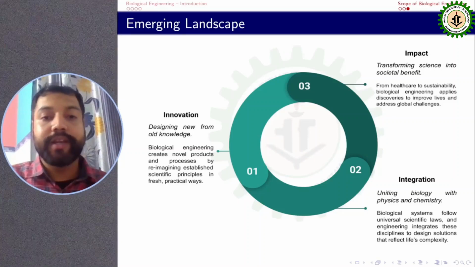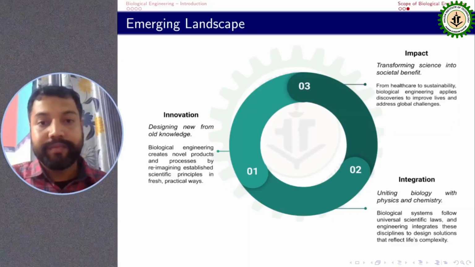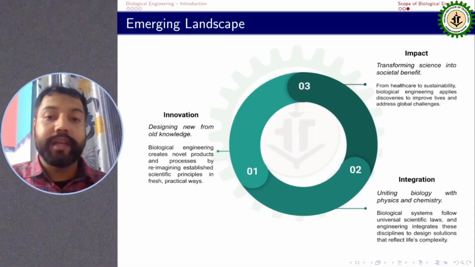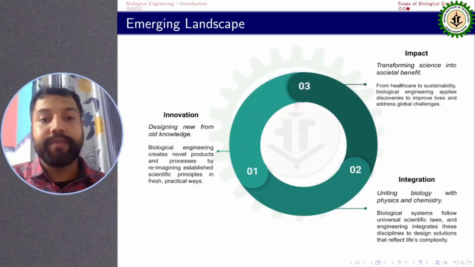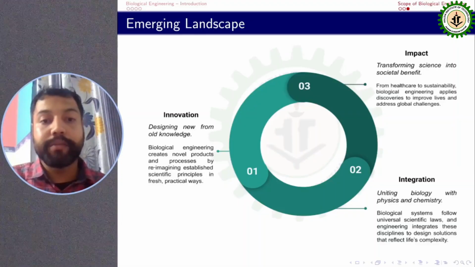Biological engineering finds its application in a broader scenario. Rapid advances in the field of synthetic biology, artificial intelligence, and automation have greatly helped in the emerging landscape of biological engineering and have found its utility and applicability in personalized medicine and precision therapies.